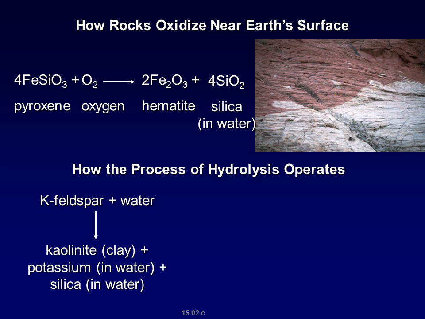They're the pretty peach-colored crystals that form in granites. So when you react that with water, the result is kaolinite, which is a clay. It's a very useful product that gets used in building materials and all sorts of things. We get potassium that's dissolved in water and silica that's dissolved in water.